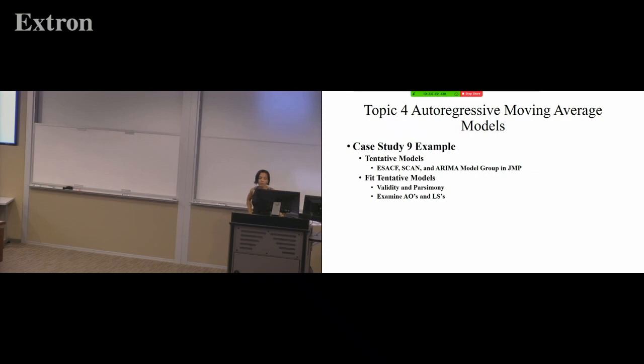For case study 9, we're going to take a quick look at the image and then take a break, and then come back knowing the information from before break, and figure out if we can come up with tentative models using these 3 techniques. Once we have come up with a list of tentative models, we'll fit them and decide which one we are going to go with and why. Once we come up with a couple of options, we're going to examine those for outliers and level shifts. Okay, so that's what today's lecture looks like.